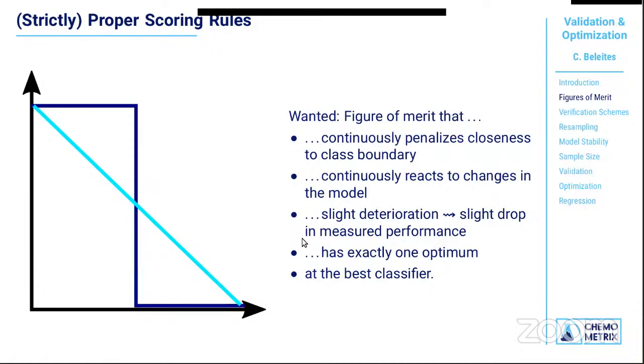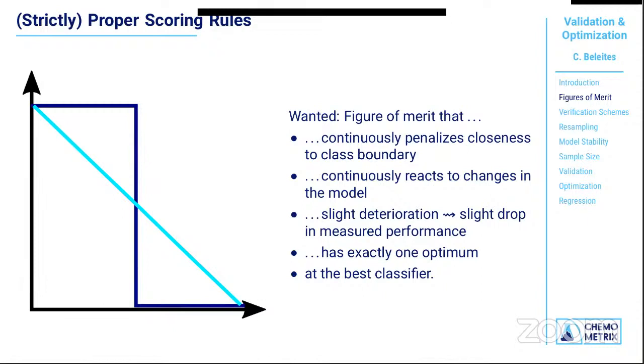And there are actually figures of merit that do have these characteristics, and they're called strictly proper scoring rules. The bad news is our proportions are not even proper, not to speak of strictly proper scoring rules. So if you optimize your models, give serious thought to whether you can move to a proper scoring rule, because the whole optimization will be easier and more stable with that.